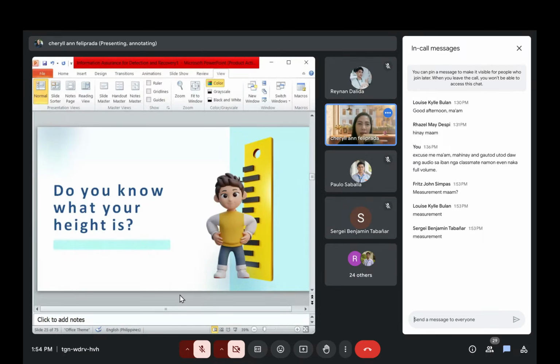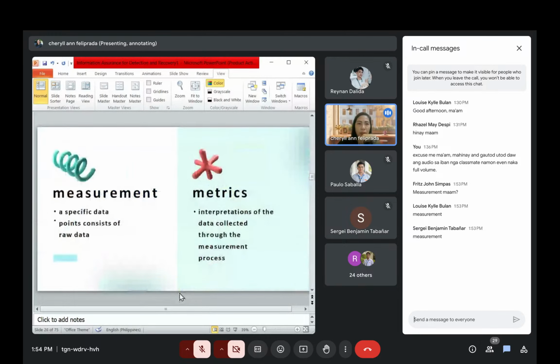So let's see if it's right. Measurement is specific data points consisting of raw data. If you're 5'10", that is really 5'10", raw data.